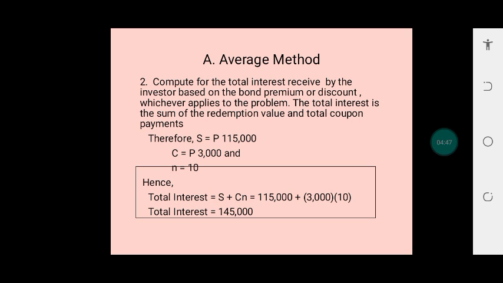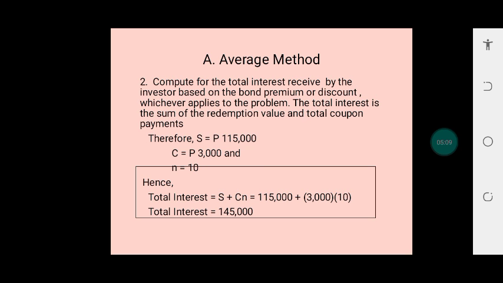Average method example: compute the total interest received by the investor based on the bond premium or discount, whichever applies to the problem. The total interest is the sum of the redemption value and the total coupon payments.